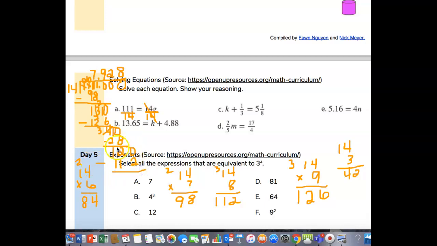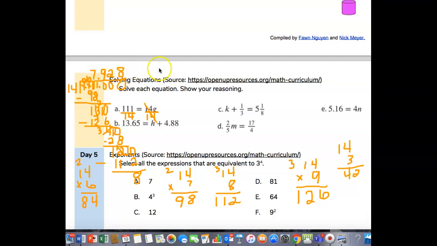Okay, so we can't take 2 from 0, so we're going to borrow. 10 take away 2 is 8. Okay, so you can see that this is probably going to keep going. So at some point we can stop, and usually your teachers want you to go 2 places past the decimal point.